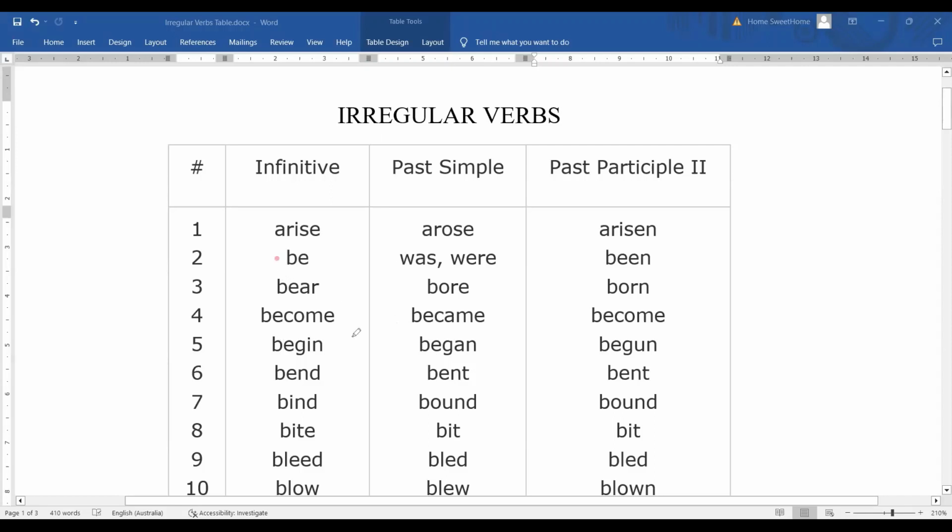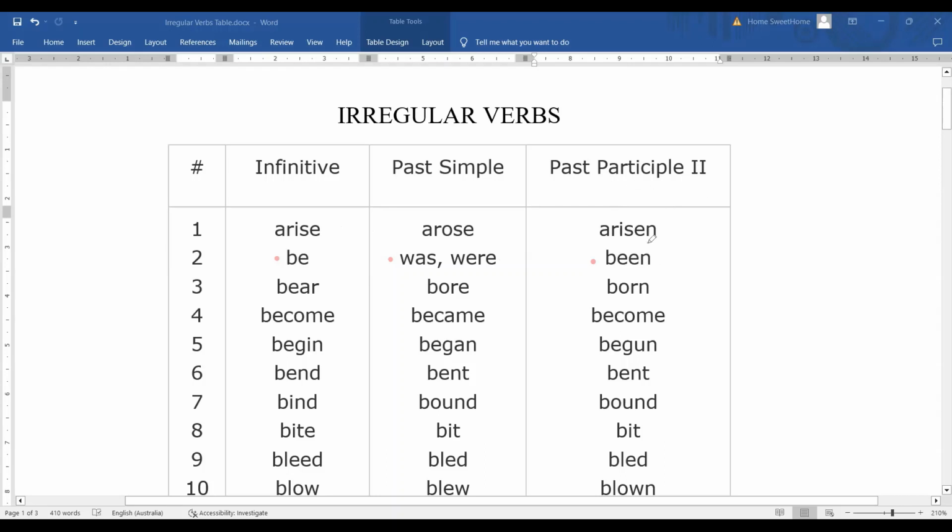For example, the verb to be is very common in English, and it's really good to learn it by heart. It's really good to remember these three, some people say four, forms of the verb to be. So be, was, were for past tense, and been for past participle.